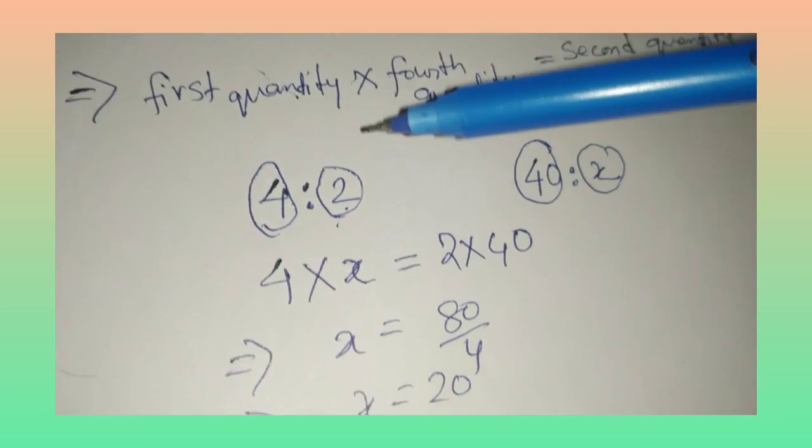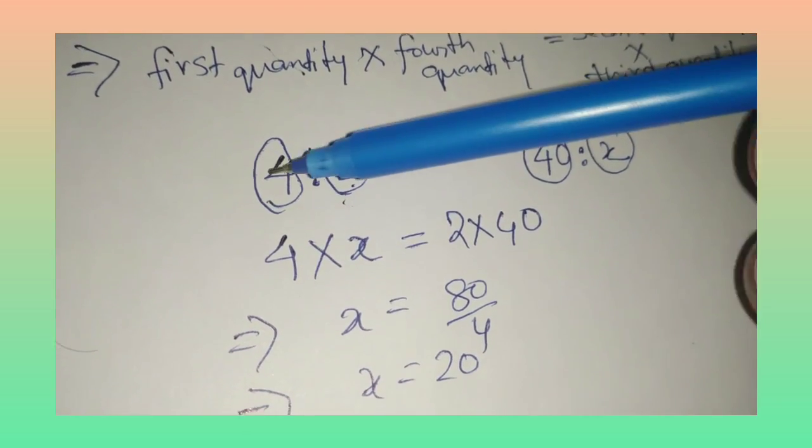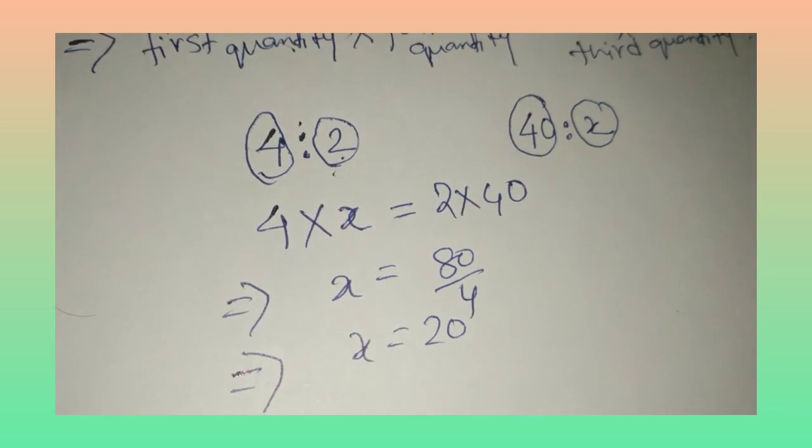So if we have two ratios where both of them are proportional, we can easily find out an unknown quantity.